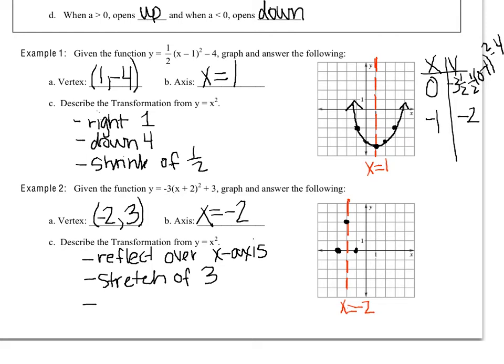We don't say negative, we just say stretch of 3 because that negative sign was taken care of when we said the reflection over the x-axis. And we also went left 2, and then we went up 3. You can tell all those things really just by looking at an equation in vertex form, which is why it's helpful. So let's flip the page over and look at the next side.